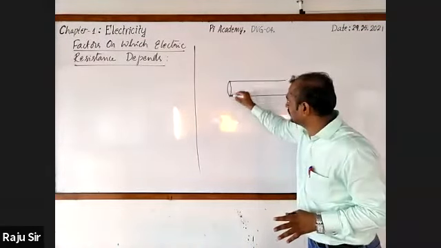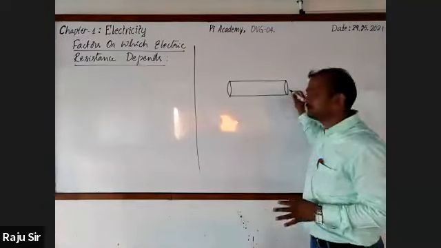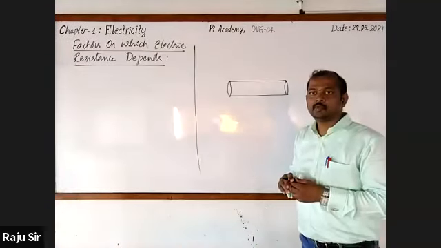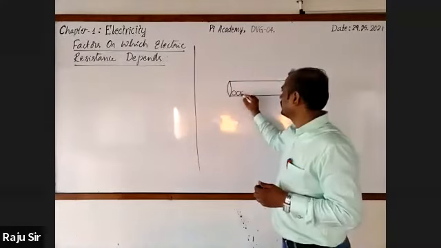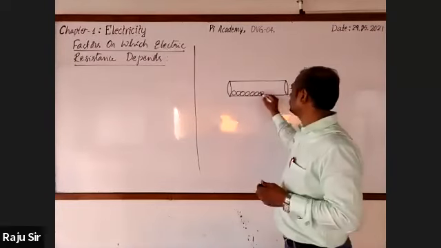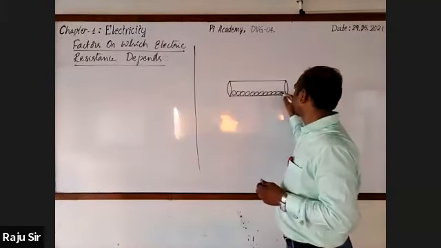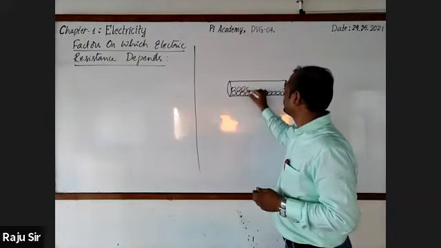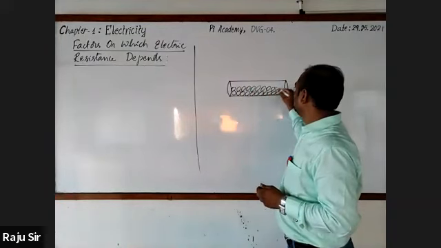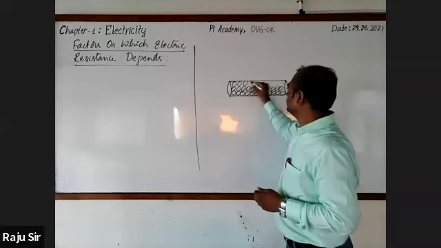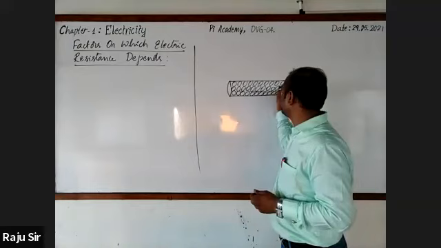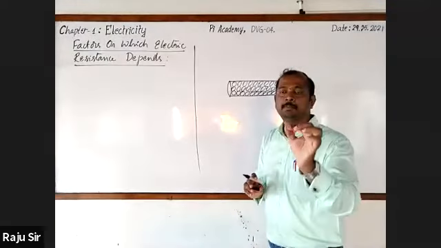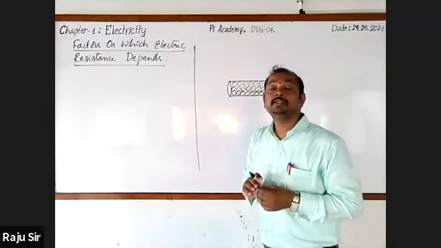You know how the atoms are packed in this arrangement of atoms. We have already seen the movement of the electrons. Whatever space is available is the path for the flow of electrons.